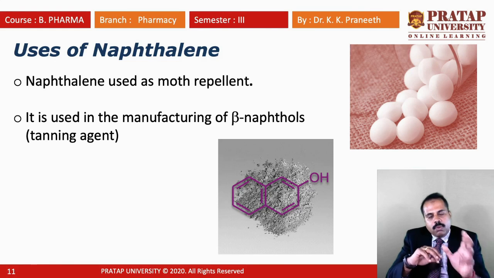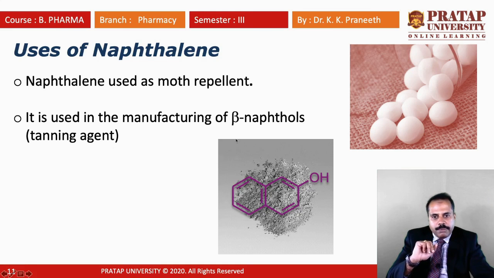We will see more detail in the next class about beta-naphthols, but beta-naphthols are dyes. They are tanning agents which can be used for tanning clothes, and they are also dyes. So we can use them in any number of applications. This is the structure, and this is the texture of beta-naphthol. You can see this texture, and you can make it gray and different colors by different substitutions.